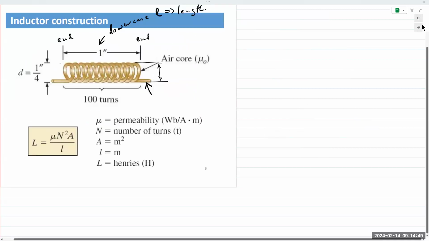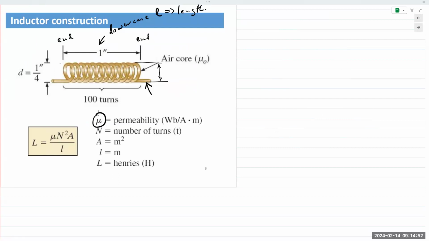And that is denoted by the Greek letter lowercase mu. It's defined as the permeability, and mu in turn is a product of mu 0 and mu r. Mu 0 is the permeability of free space.